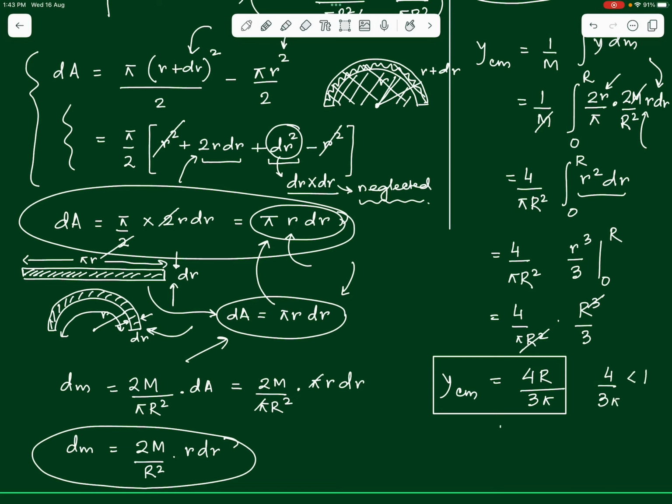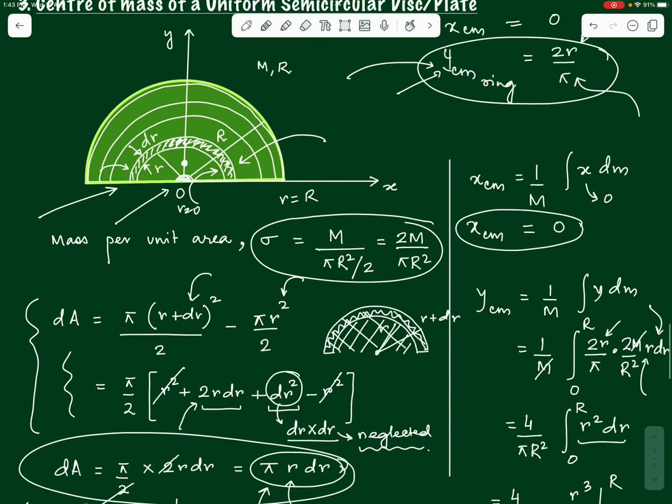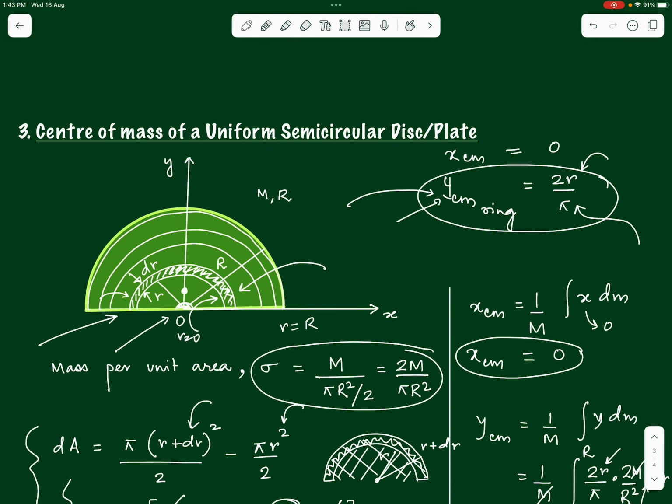So that makes us understand that the y coordinate of center of mass will be at a distance less than R from the origin. So somewhere over here we expect the center of mass to be, rather slightly down only, because more mass of the half disk is in the lower portions, right? So slightly over here, this will be the position of the center of mass, at a distance of, this distance here is 4R by 3 pi.